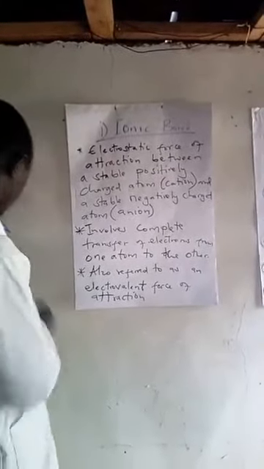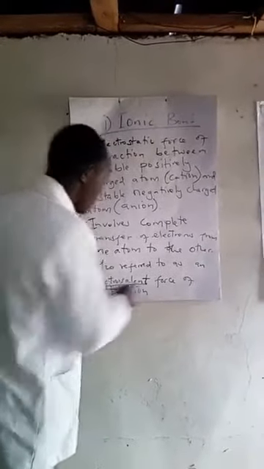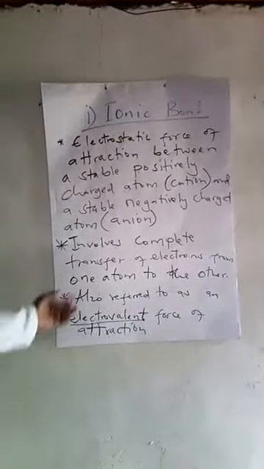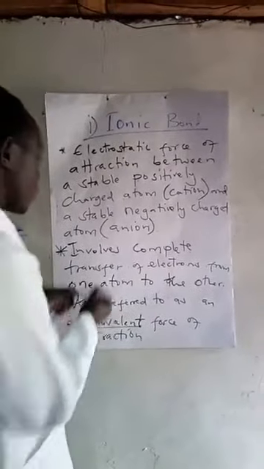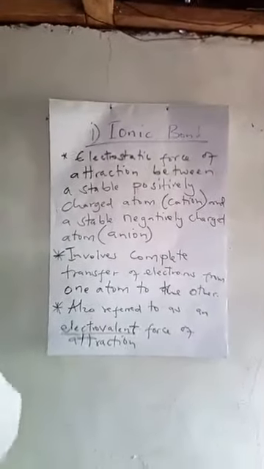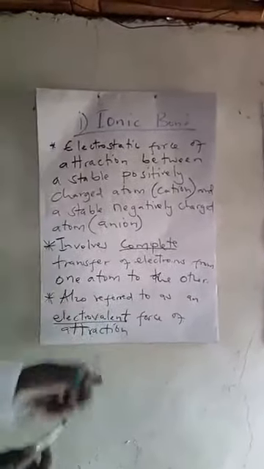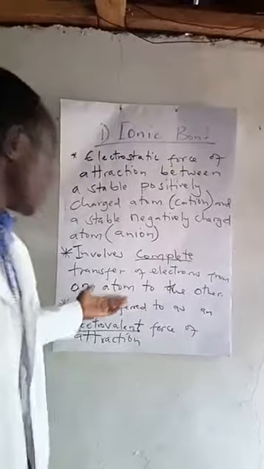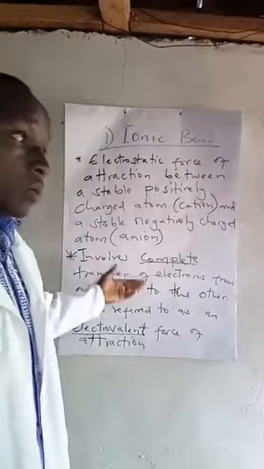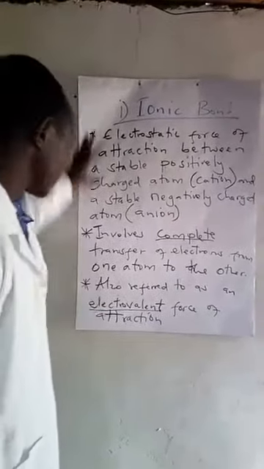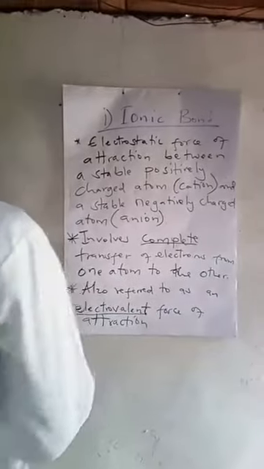So that is what we need to note about the ionic bond, that it exists between a cation and an anion. It also involves complete, mark the word complete, transfer of electrons from one atom to the other. One atom has to lose the electrons and the other atom gains the electrons. So that is an ionic bond in brief.